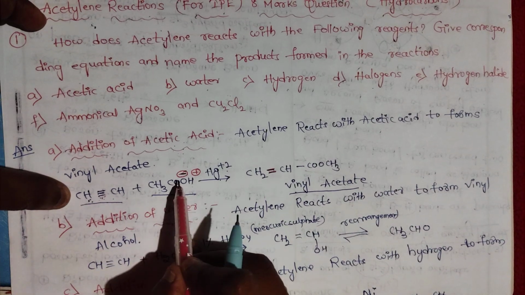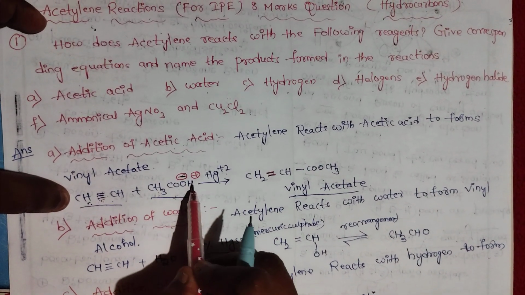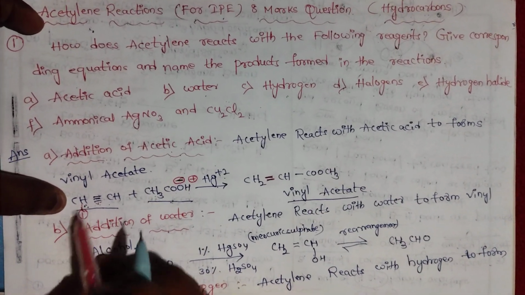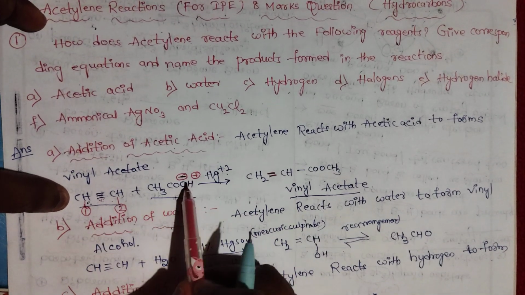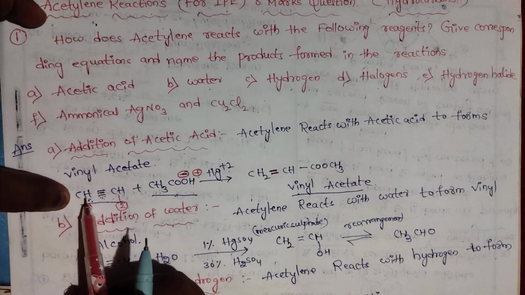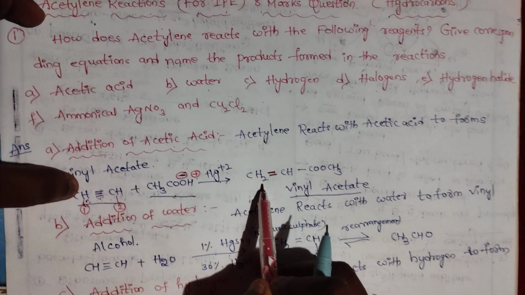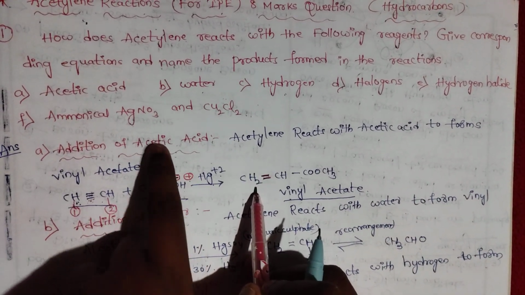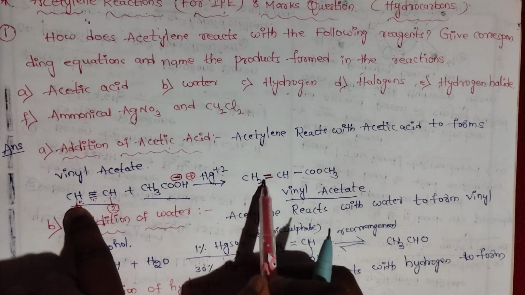Two types of ions are there in acetic acid, CH3COO minus and H plus. We add one group on one side and another group on the other side. For example, we first add hydrogen from one side. CH is already there in acetylene, so adding the H ion from acetic acid gives CH2.